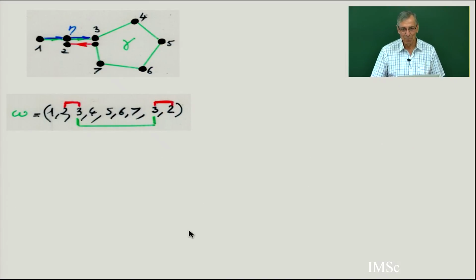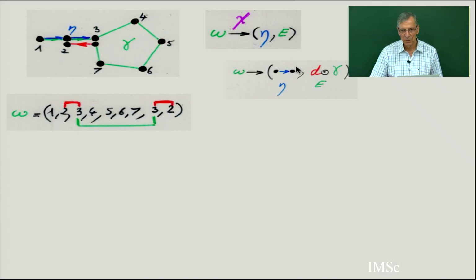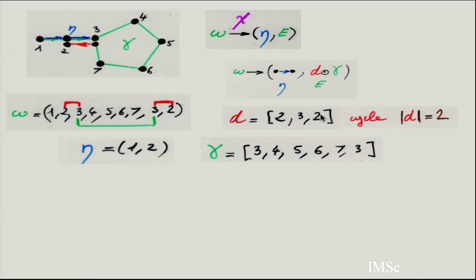So here is an example of the path. The path is, see in green, 1, 2, 3, 4, 5, 6, 7, 3. So you go back here, so the cycle, and then from 7 you go to 2. So this gives you a heap of cycles. The heap is this. First, the cycle gamma in green is falling down.